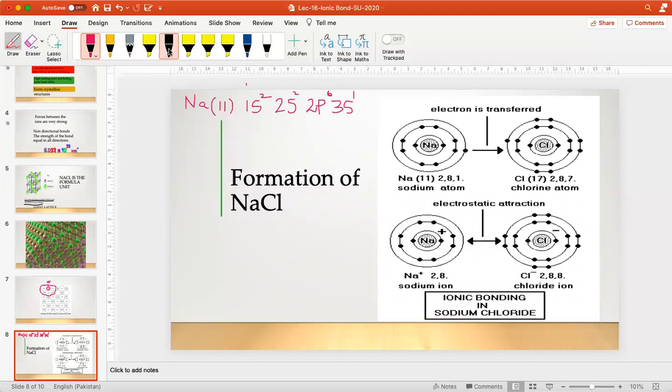Let's have the electronic configuration of chlorine. Chlorine, ठीक है, 17 atomic number, 17 electrons. First shell में कितने होंगे? We can accommodate 2, right? In the second, 2s2, 2p6, right?